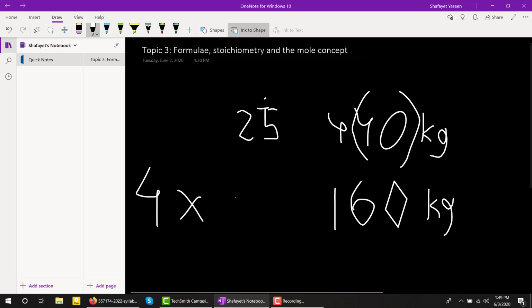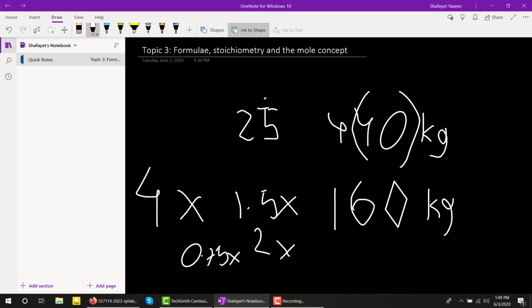So one might be 1.5x, one might be 2x, one might be 0.5x, one might be 0.75x, and so on, right? In a periodic table, the relative atomic masses are compared in exactly the same process.